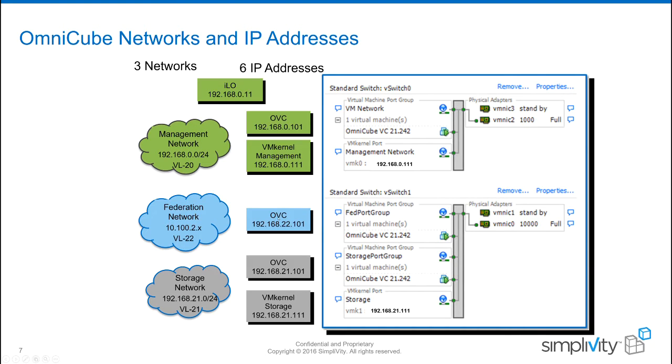The OmniCube virtual controller has one IP for federation and one for storage, and one IP from the storage network goes to the ESXi VMkernel interface. So you need 6 IPs total per physical server: 3 go on the virtual controller, 2 go on the ESXi, and 1 goes on the iLO.